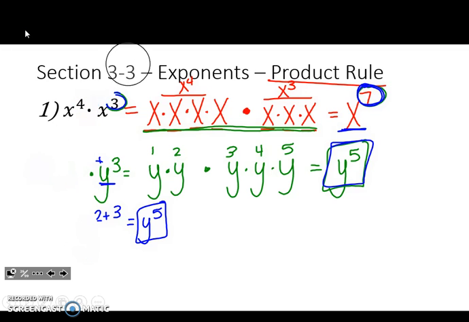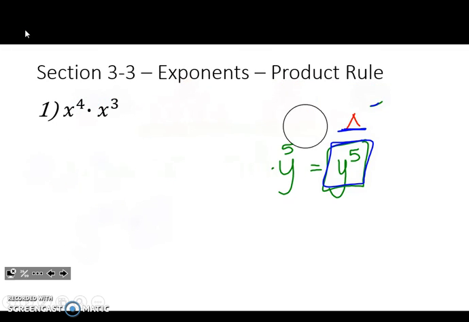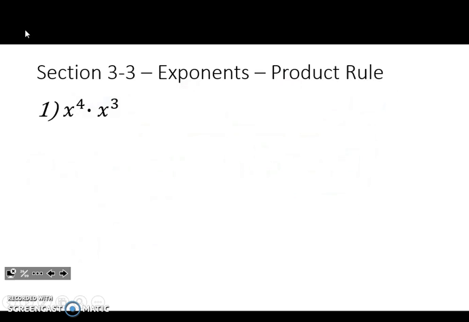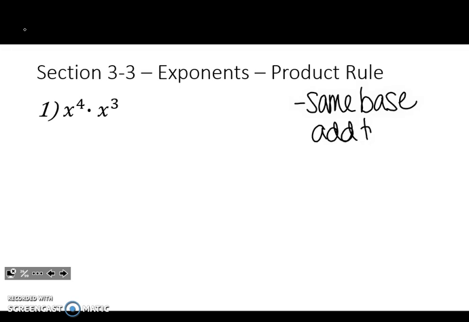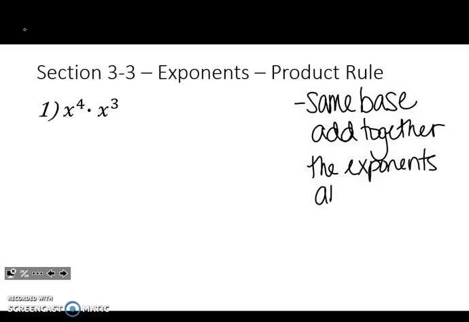So let me write out the rule so that you can get this written down. So if it has the same base, then we're going to add together the exponents and keep the base the same.